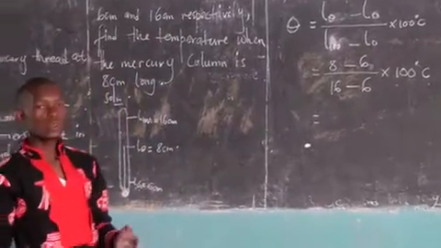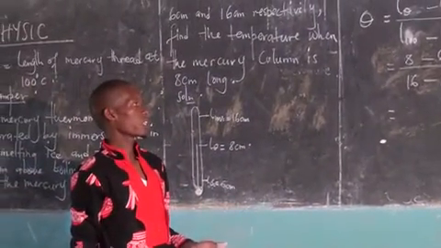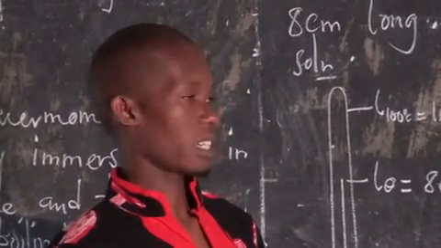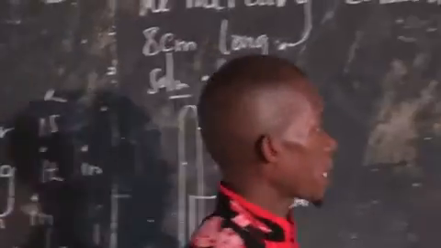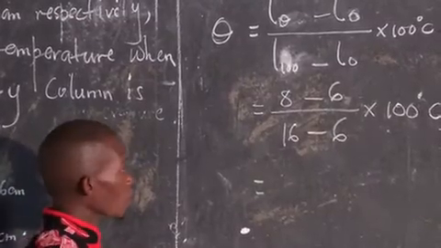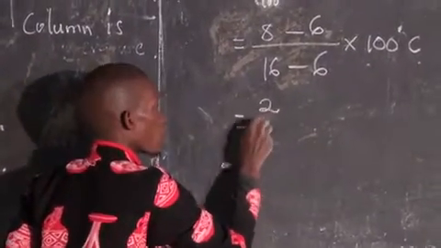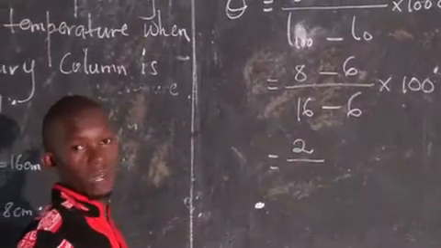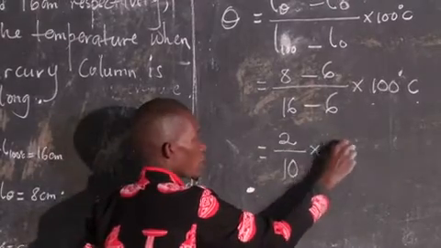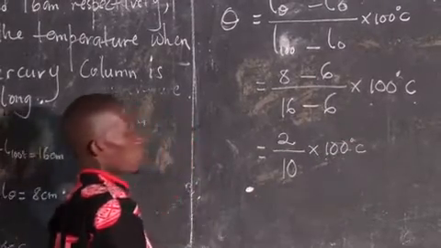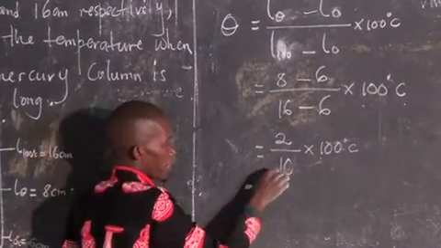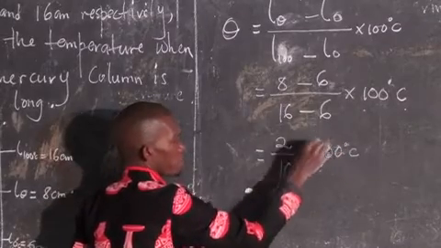I know that you can subtract, divide, and multiply and get the answer. But let us try together. When you subtract, automatically you get 2, divided by 10, times 100 degrees Celsius.